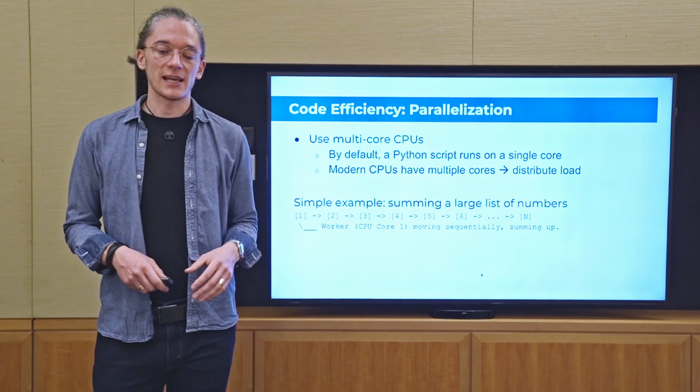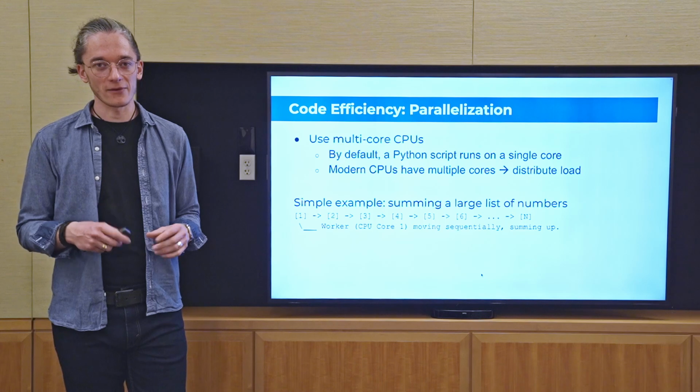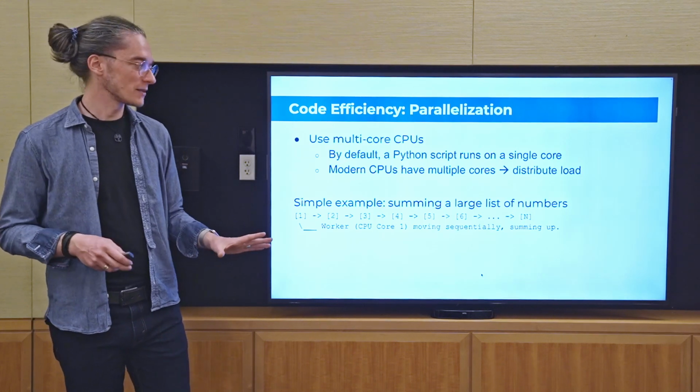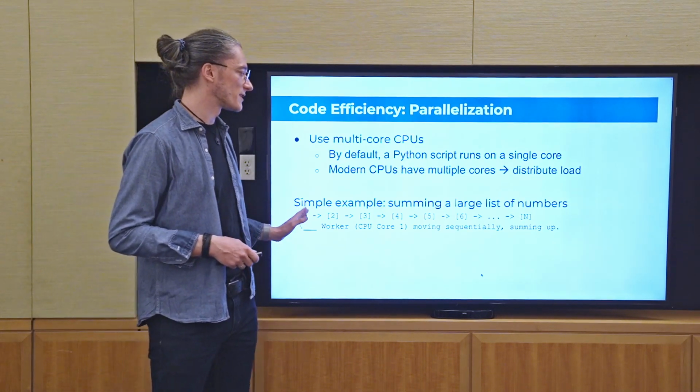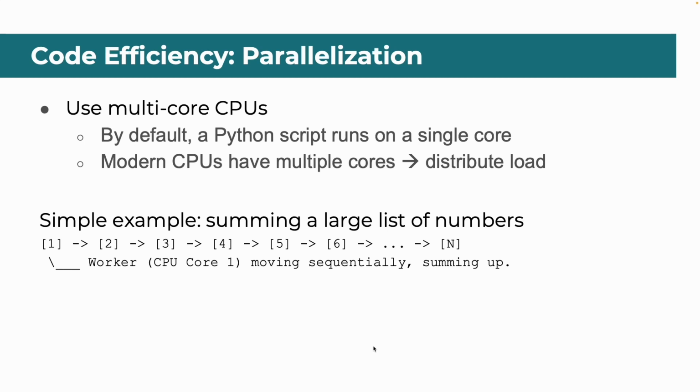You probably have an idea of parallelization, but I have a very simple example. Think of that: we want to sum all the numbers in an array. In a sequential way, we just query the array for each value, go through that step by step, and add and sum them up.